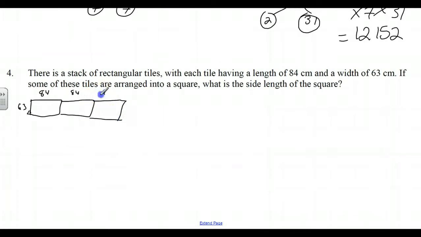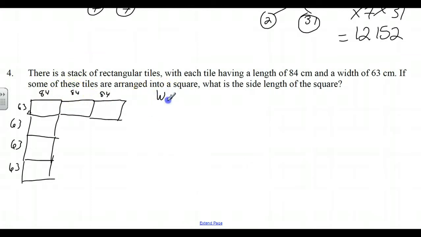So what I really need to know is how many 84s and how many 63s does it take to make a square. Okay, so really what we're asking is, what is the lowest common multiple, right? These would be multiples of 84, 84, 2 84s, 3 84s, and so on.